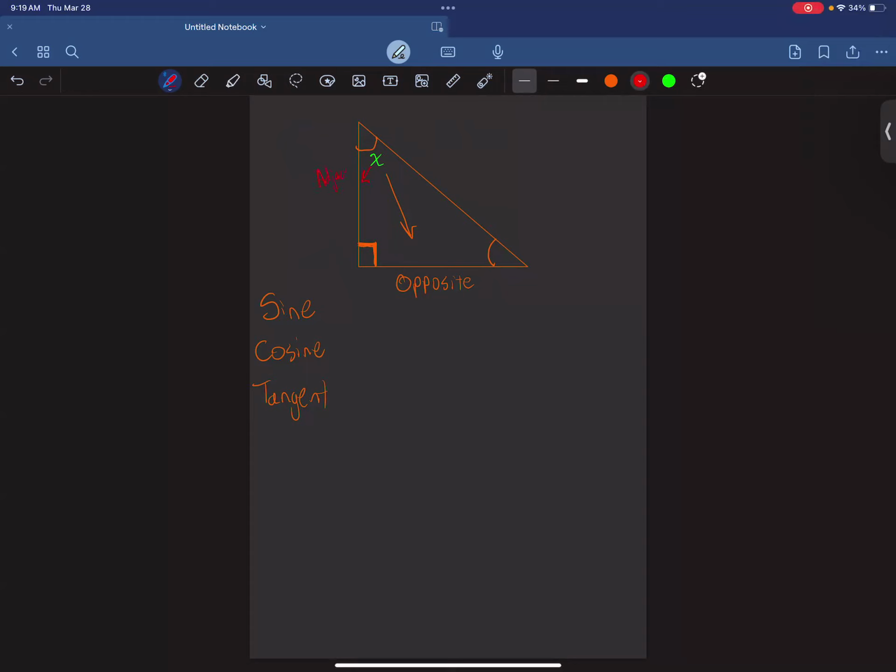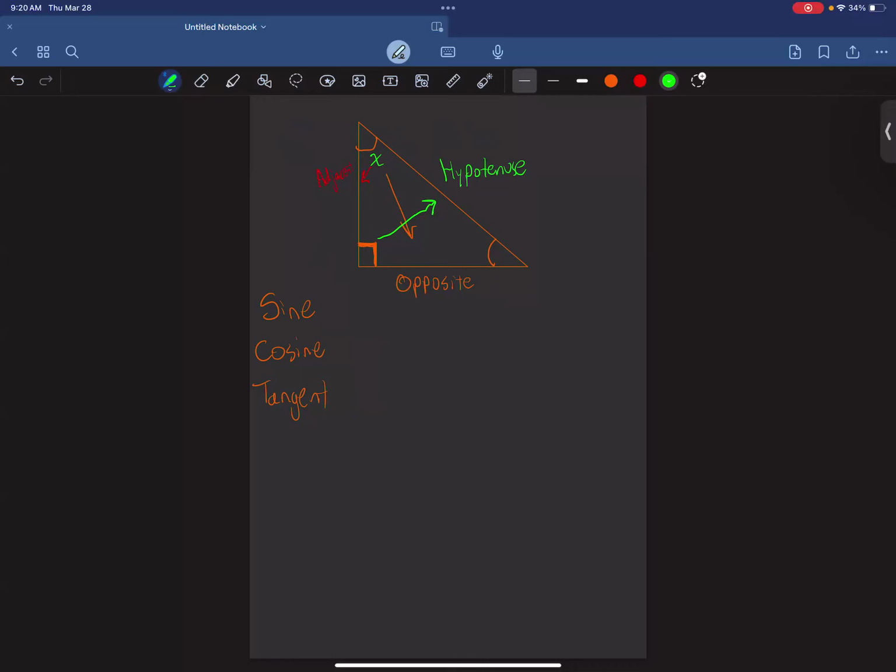Adjacent is right next to. And then we think about the hypotenuse of angle X, that's going to be directly across from your 90-degree angle. Hypotenuse should be familiar because we've dealt with that in Pythagorean theorem. And by this point, you should have already done plenty of things with right triangles.